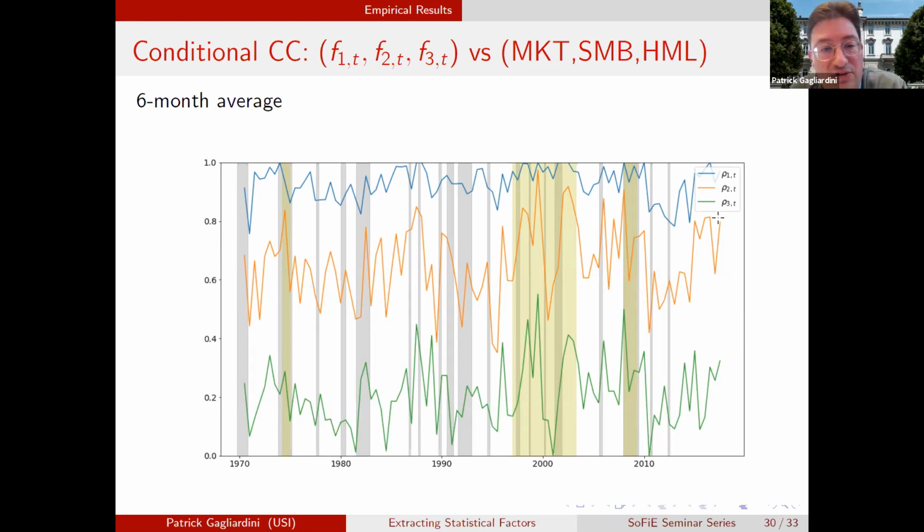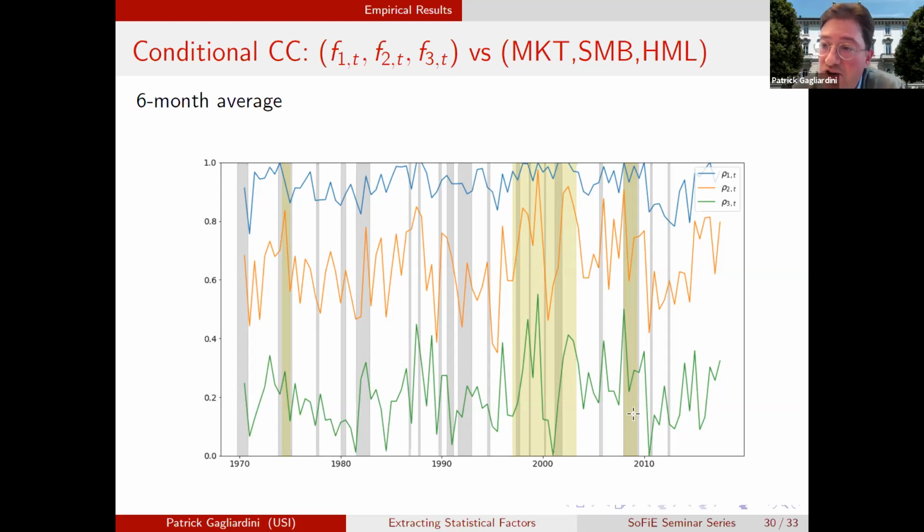But in this picture, I just observed that the first conditional canonical correlation is rather large, suggesting that there is one rotation in the latent factor space which is, according to these numbers, pretty well explained by some combinations of the Fama-French factors. The other two conditional canonical correlations seem smaller, suggesting that other directions in the conditional factor space are not so well spanned by the Fama-French factors.